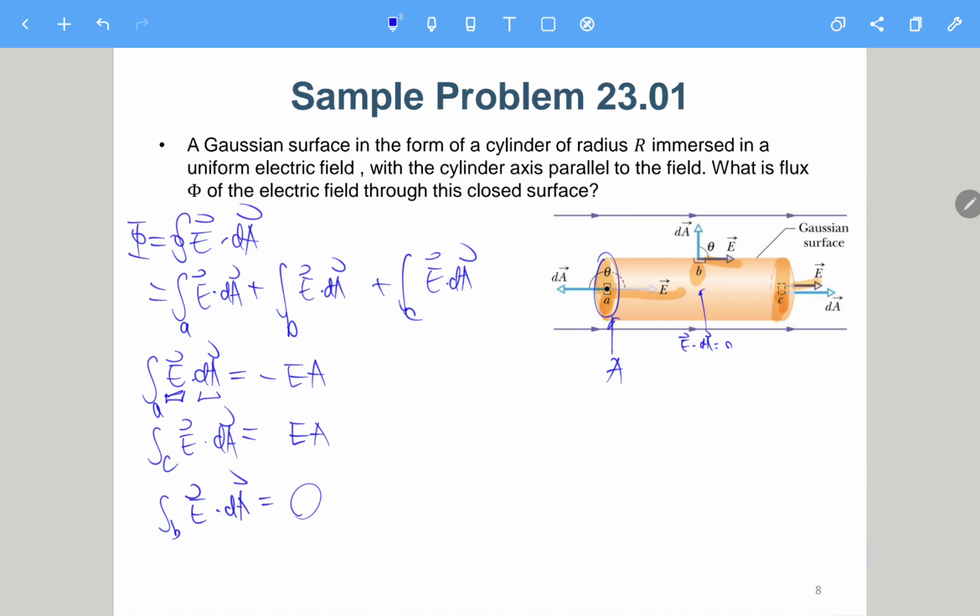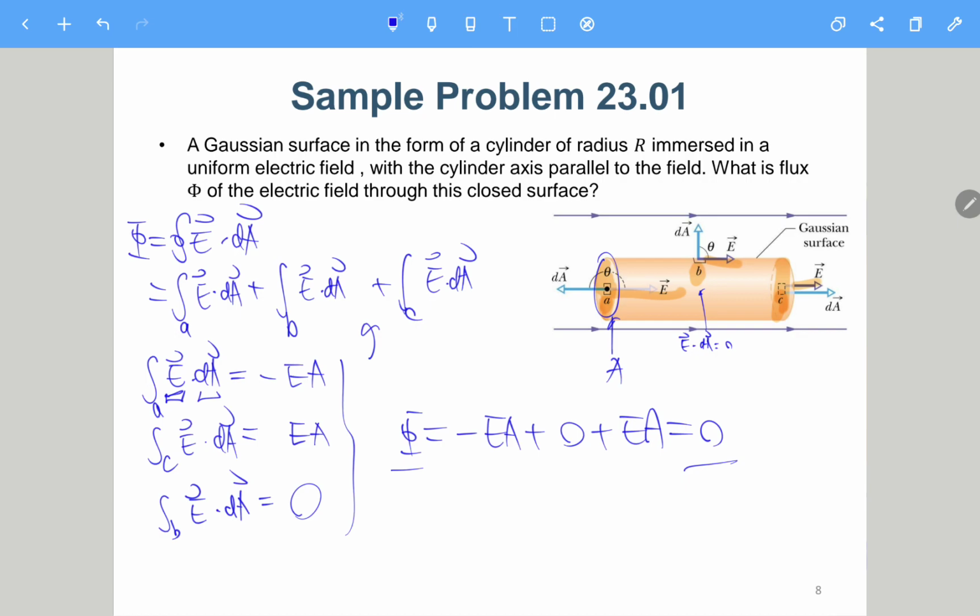We can just plug these three values back in here. So phi turns out to be negative EA plus 0 plus EA, which is 0. Which means the net flux is 0. There is no net E field going in or going out.